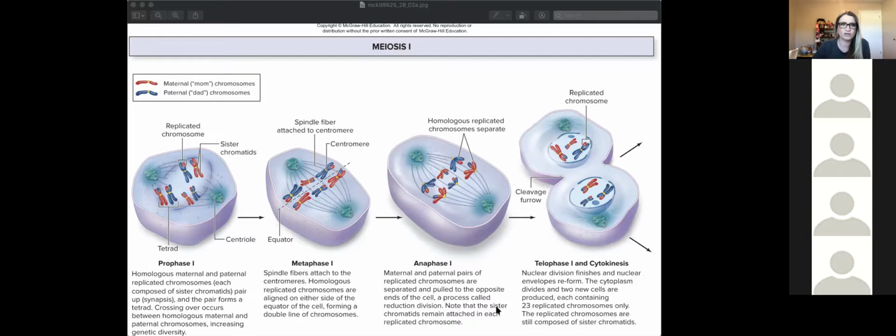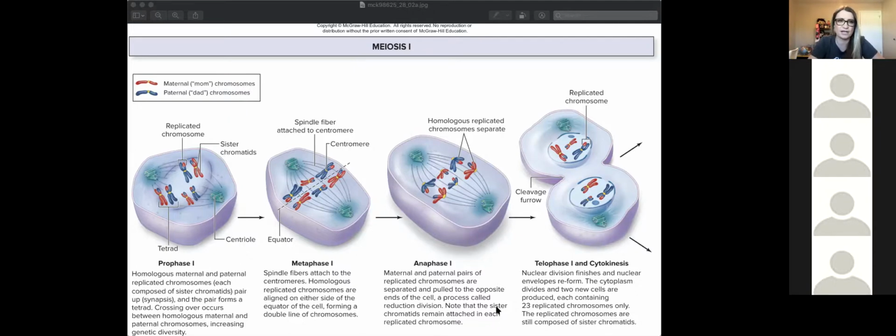So each homologous pair is going to have the same genes, kind of the same areas. And so when they get close to each other like this, sometimes they overlap. And sometimes when they overlap, they exchange pieces between each other. And they exchange same regions between each other.